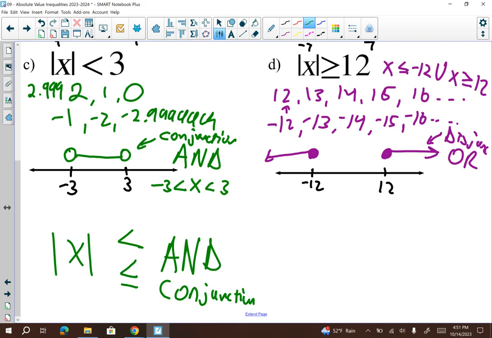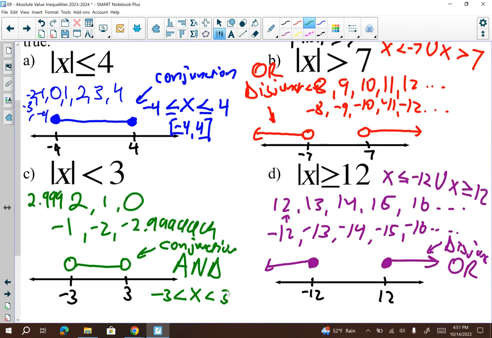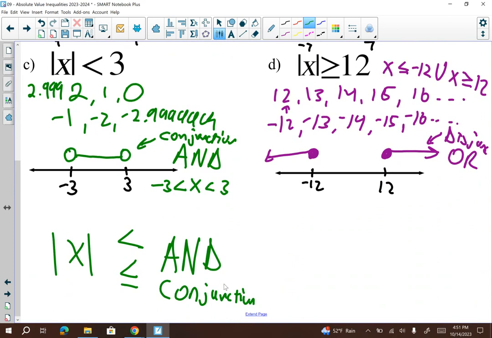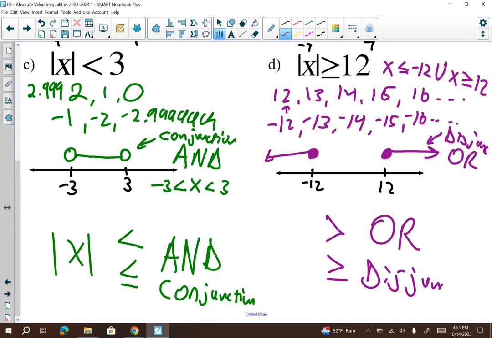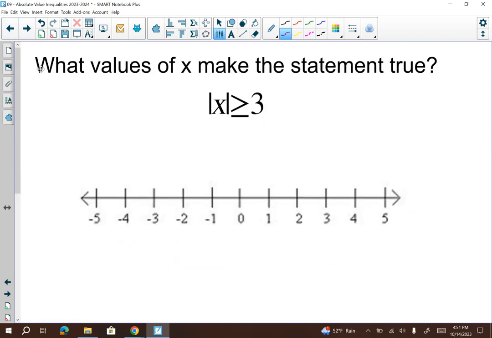Okay? On B and D, we saw that whenever we had a greater than or equal to inequality, we wound up with an OR inequality, or a disjunction. Okay, and let's take a few more notes about that, how we see that.